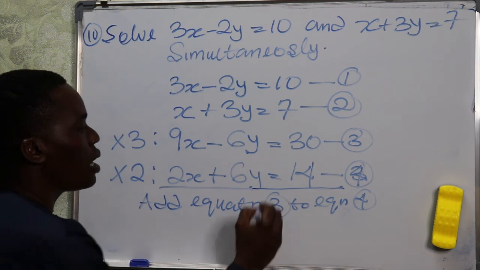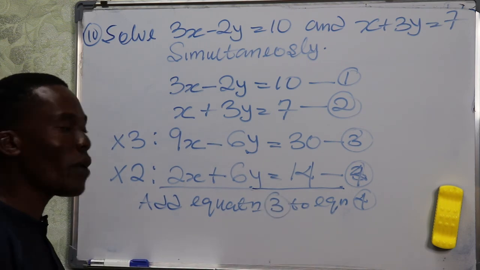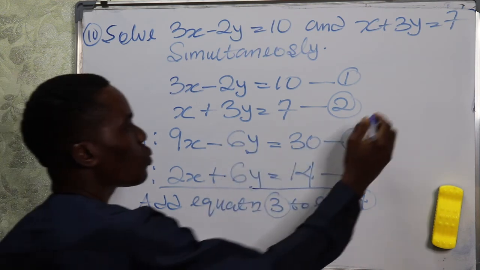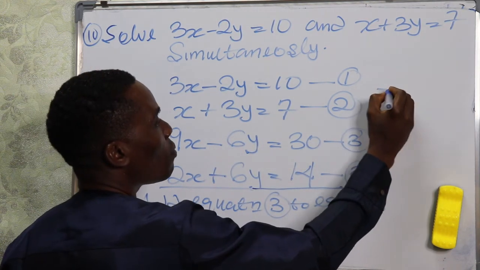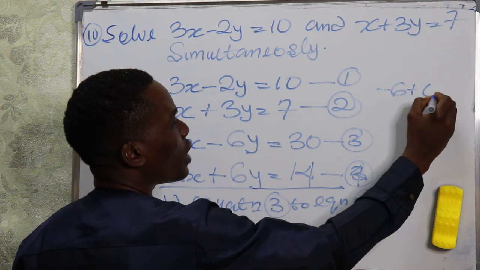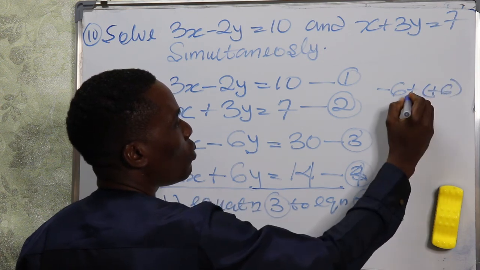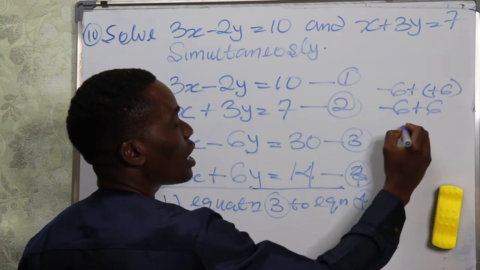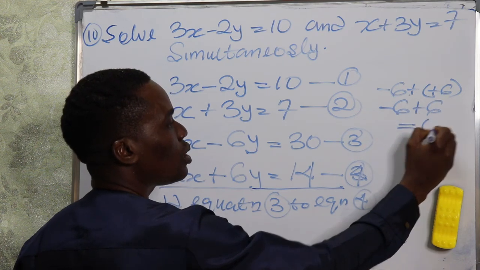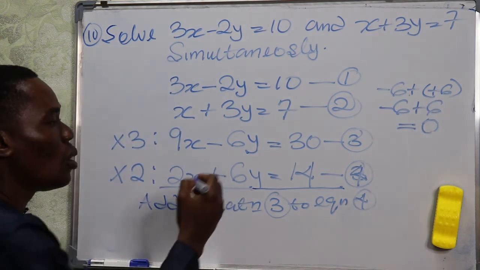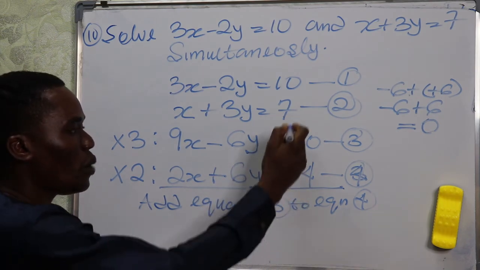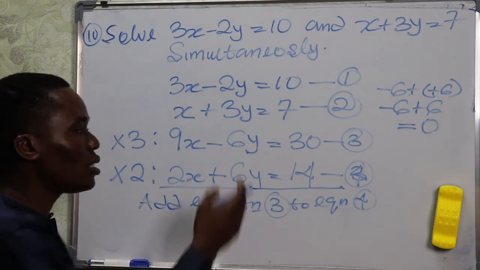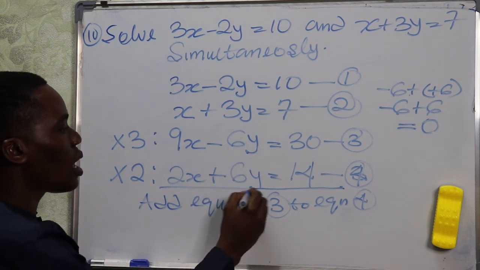Now if we add equation 3, why are we adding? Because when we add these two values, we are going to get 0. Now imagine where you have minus 6 plus brackets plus 6. Plus times plus will give you plus, so we'll have minus 6 plus 6, and you know minus 6 plus 6 will give you 0. So we are adding these two equations so as to make sure that this is reduced to 0. So we are going to have a 0 here.